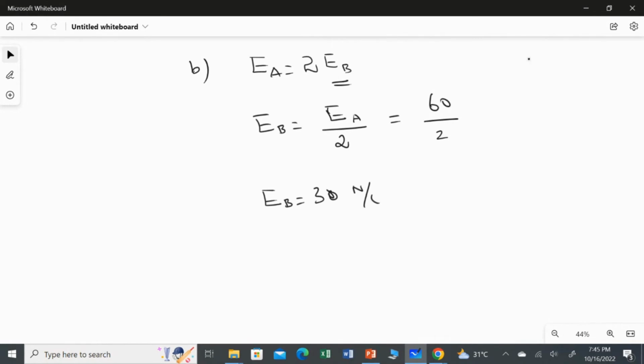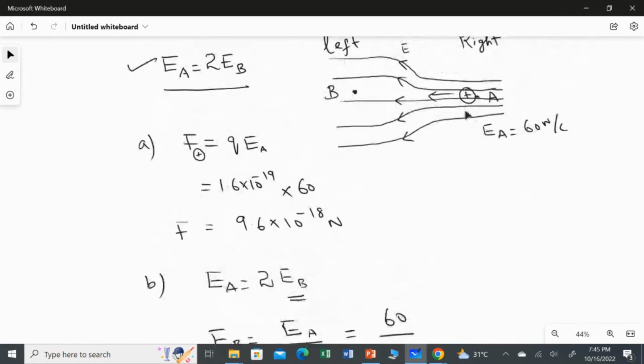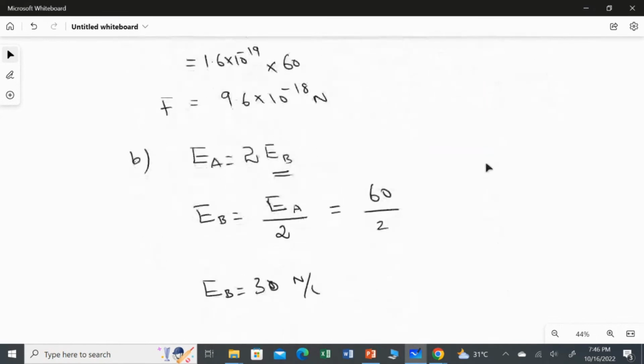Why is it weaker? You have to see the diagram. If the space between the lines is greater, the electrical field strength at that point gets weaker. But on the right side, all the lines are very closely packed, very close to each other, so the strength of the field at point A is greater. Clear? So this is the answer for the B question.